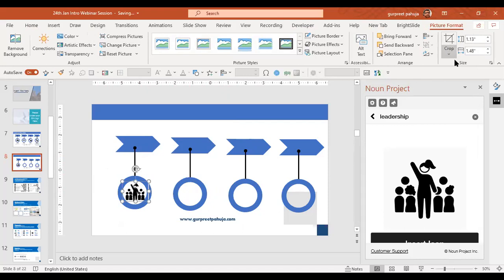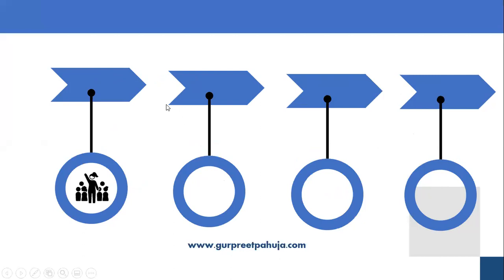Still, there's a white line coming. So we can reduce the size and fit it over here. So you can see how nicely this has come up.